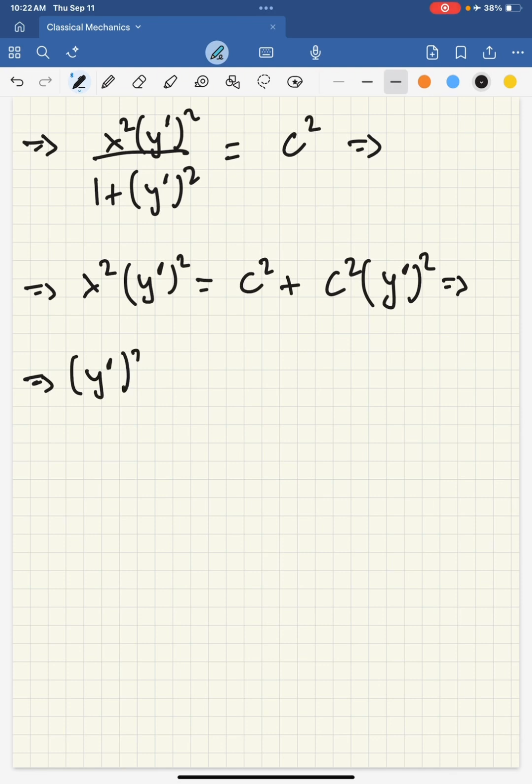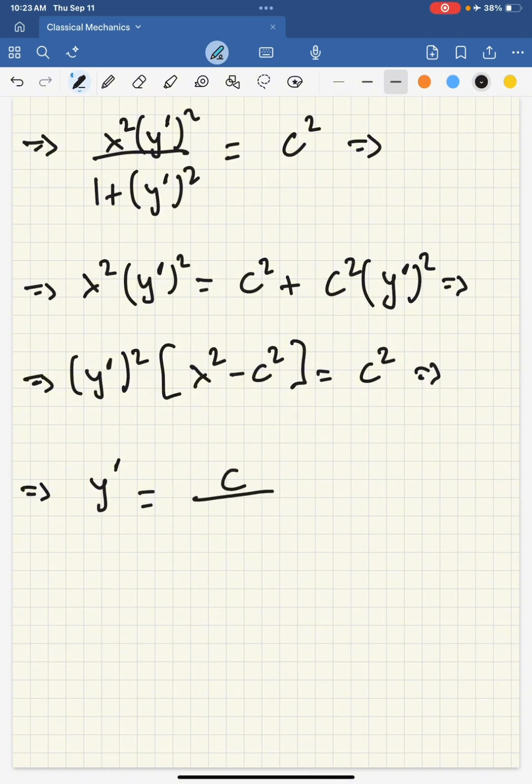So we have y prime squared, and then x squared minus c squared equal to c squared. So we keep going. I'm going to skip one step and write that y prime should be equal to c over the square root of x squared minus c squared, okay?